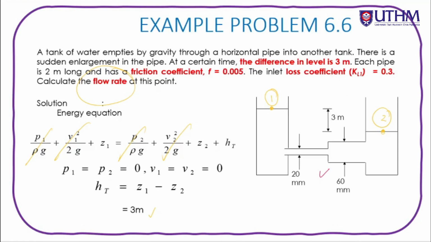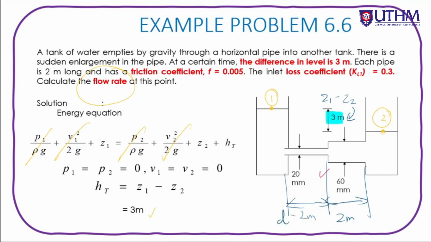Okay, given that Z1 minus Z2 is equals to 3. Okay, and each pipe is 2 meter long. Okay, so kita tahu untuk pipe ni, yang pipe ni dua-dua sama panjang lah. Ini dengan ini. Ini 2 meter, ini 2 meter.